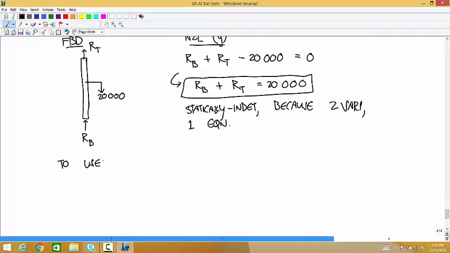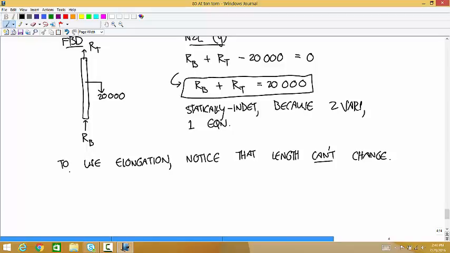So to use the elongation, notice that the length can't change, because the attachments at the floor and ceiling prevent that.